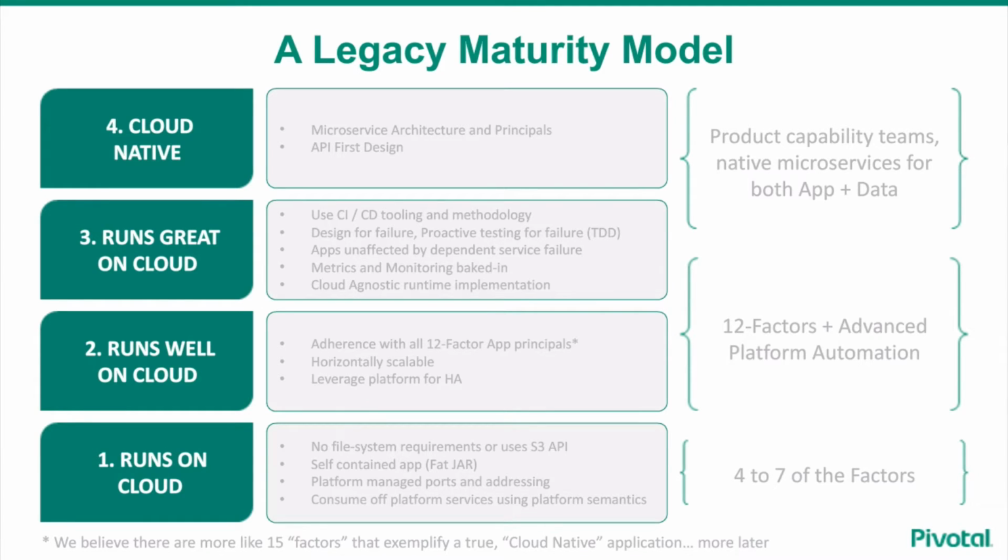And ideally, you have things like monitoring and metrics built in, and even better, you have a cloud-agnostic implementation so that you can choose to run this on whichever infrastructure service you'd like. Ultimately, you're looking at cloud native, which I spoke about on the previous slide, right? You're getting into true microservice architecture and principles and kind of an API-first design, both for your application and for the data. So I think that's an important thing to know.